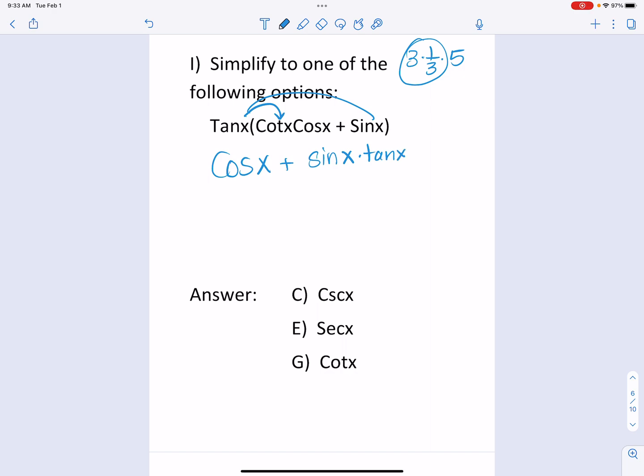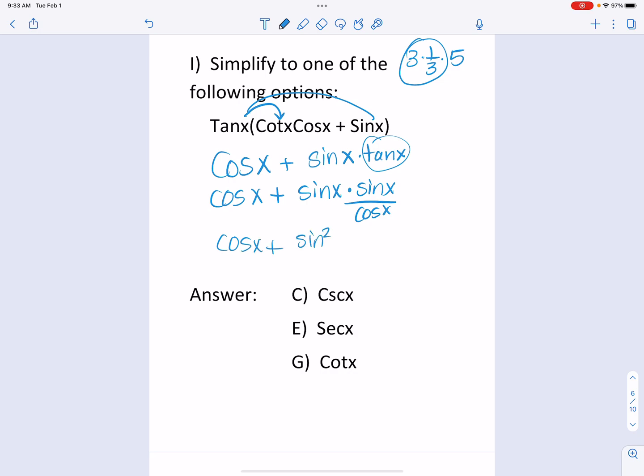So I'm going to rewrite the tangent as the sine of x over the cosine of x. So then wouldn't this be the sine of x squared over the cosine of x? And if I write this over 1, I can get a common denominator.